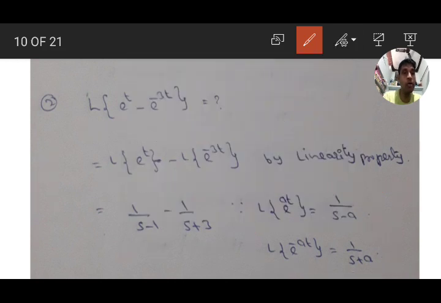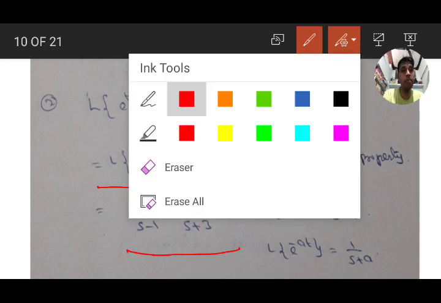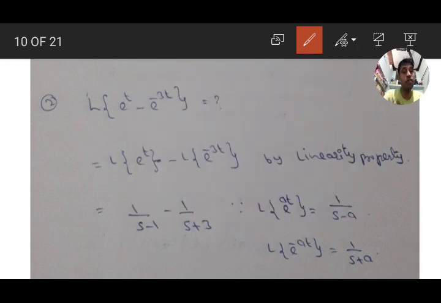So please note down the problem within the minutes. Here also we are using first linearity property and next applying the formula and simplification. Remember these two steps: first linearity property, next standard formulas.